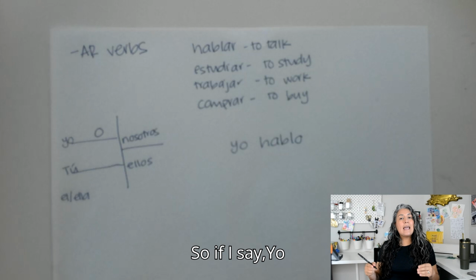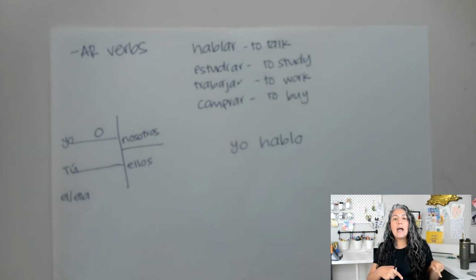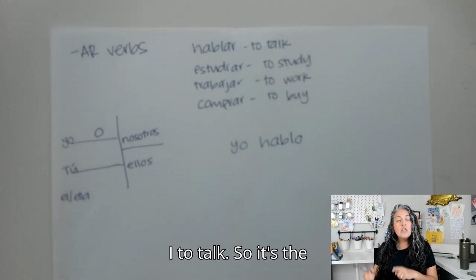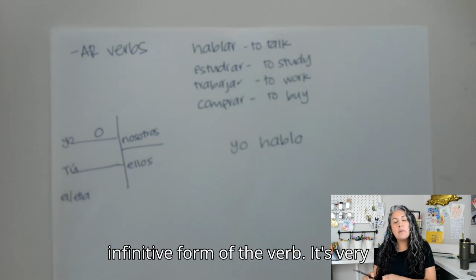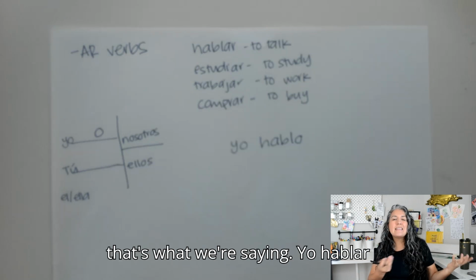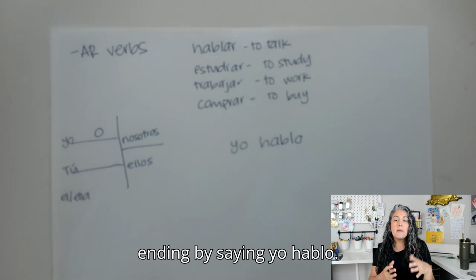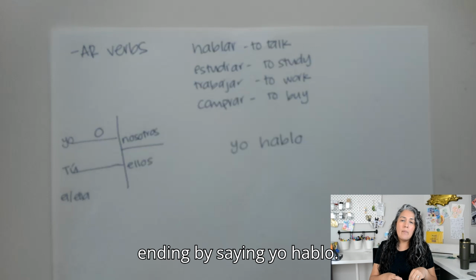So if I say yo hablar, it's like I'm saying I to talk. So it's the infinitive form of the verb. It's very technical, the word, but that's what we're saying. Yo hablar means I to talk. So we have to switch the ending by saying yo hablo.